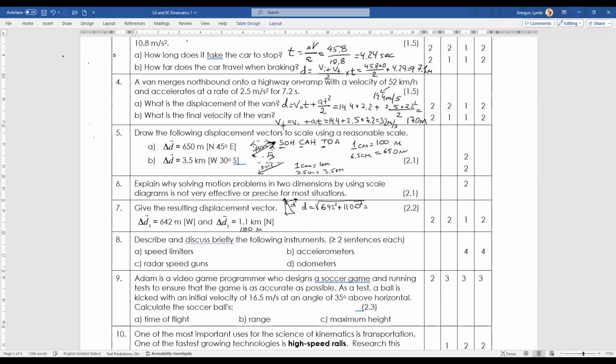Check how much it will be, and then find the angle. The angle will be here. So the angle equals tangent minus 1, opposite 1100 and adjacent 642. Write those numbers. How big is the angle? So distance and then angle.